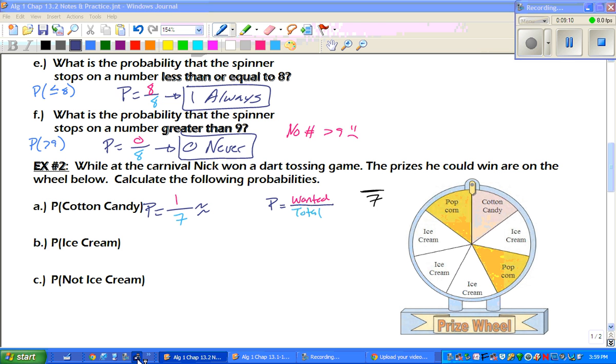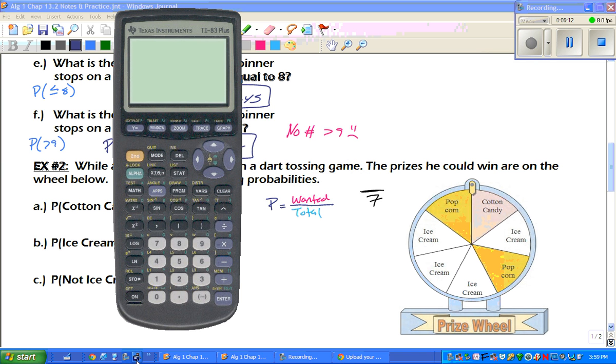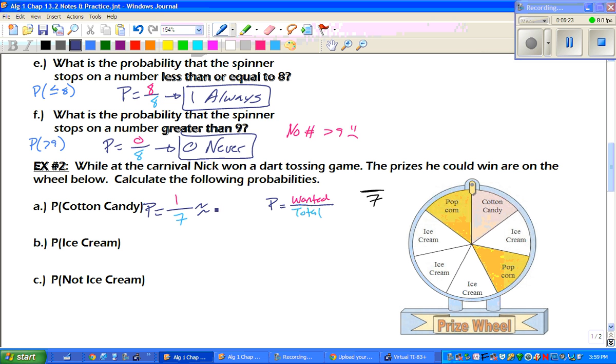And when you divide that on the calculator, let's take a look. 1 divided by 7 gives us a total of 0.142. Does the 2 tell us to go up or to stay? It tells us to stay. Okay, so the probability of getting an ice cream, we already know that the total is 7.